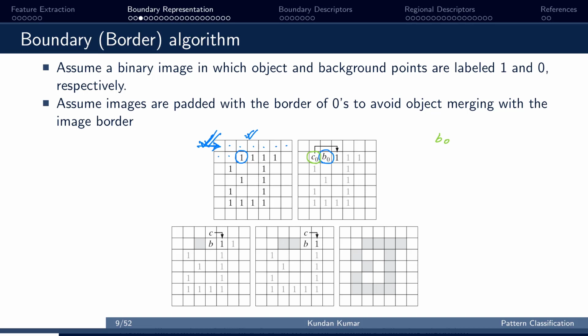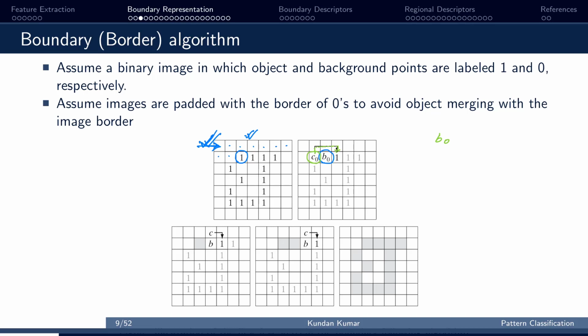To find the next boundary point, we will traverse the 8-neighborhood of the pixel B0 in the clockwise direction, and find at which location we encounter the first object pixel.